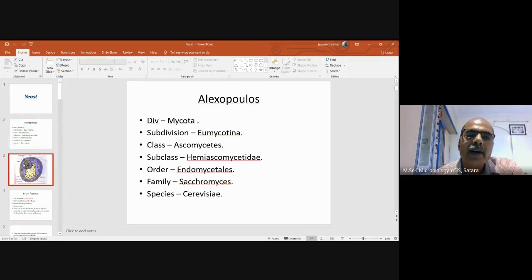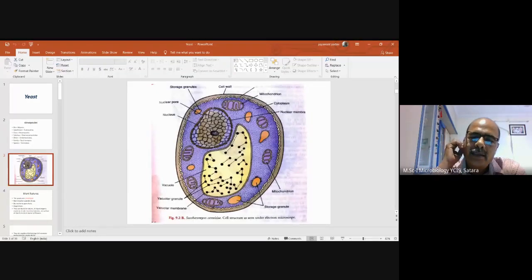Here you will find its cell structure as seen under the electron microscope. The outermost layer is the cell wall. Then this is the mitochondrion, this is the cytoplasm, this is the nuclear membrane, then the mitochondrion, and these are the storage granules.